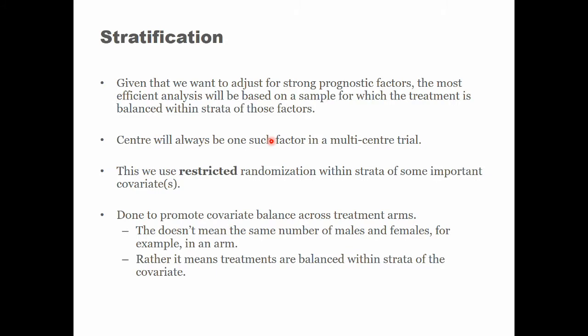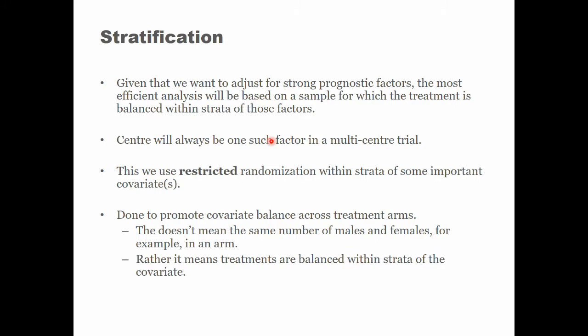In other words, when we have a strong prognostic factor that we want to account for, and I'm telling you that you have to adjust for it in your statistical model, then we're going to go out and stratify. And if we stratify on that variable, we have to adjust for it in our statistical model anyway. The point of stratification isn't to deal with the imbalance per se, but that when I'm going to adjust for a covariate, if the treatment allocation is balanced within strata of that covariate, then I get the most efficient estimate.